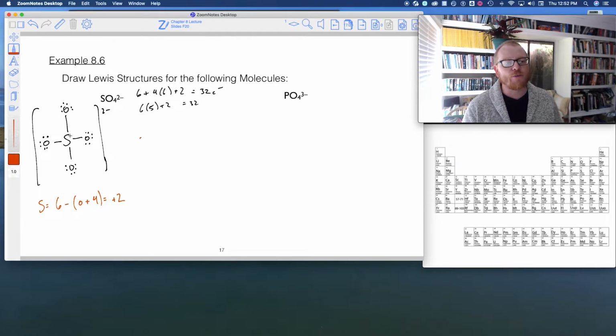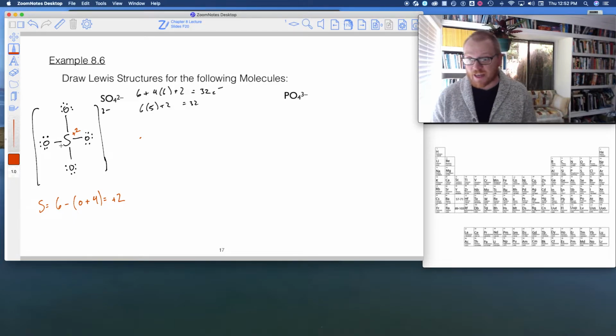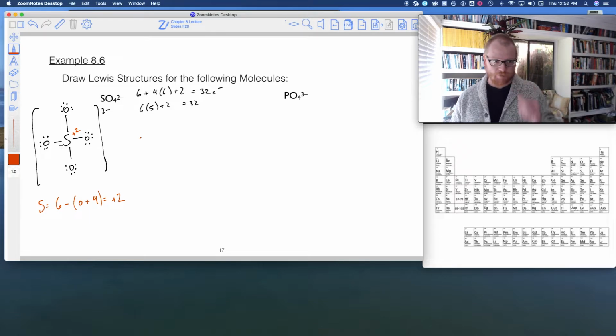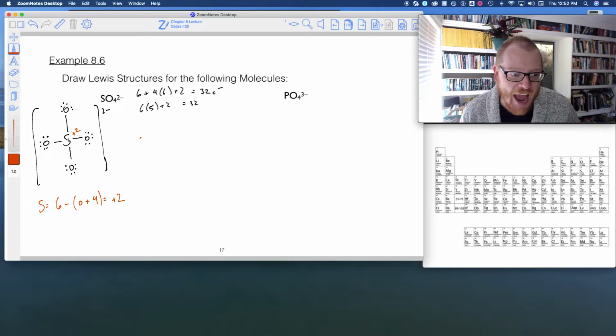So the formal charge on just this sulfur is a positive 2. When you're doing homework assignments and they ask you to include formal charges, and I'm going to go through this in a discussion on Tuesday, you have to add that plus 2 to the sulfur. You have to indicate that that sulfur is plus 2.